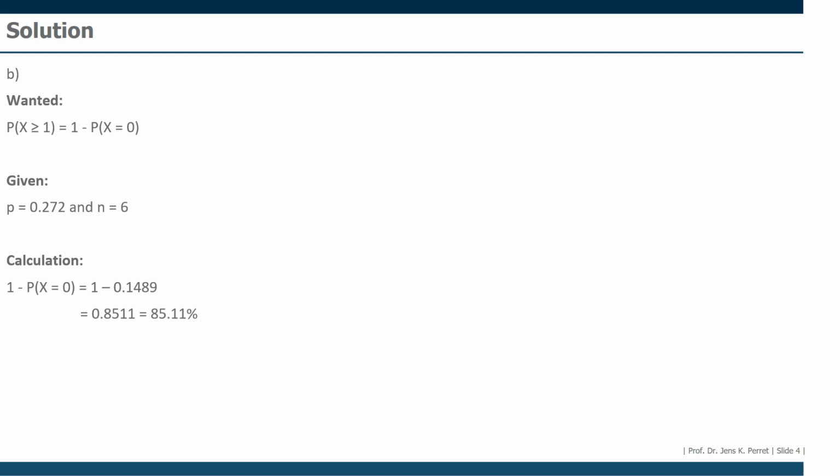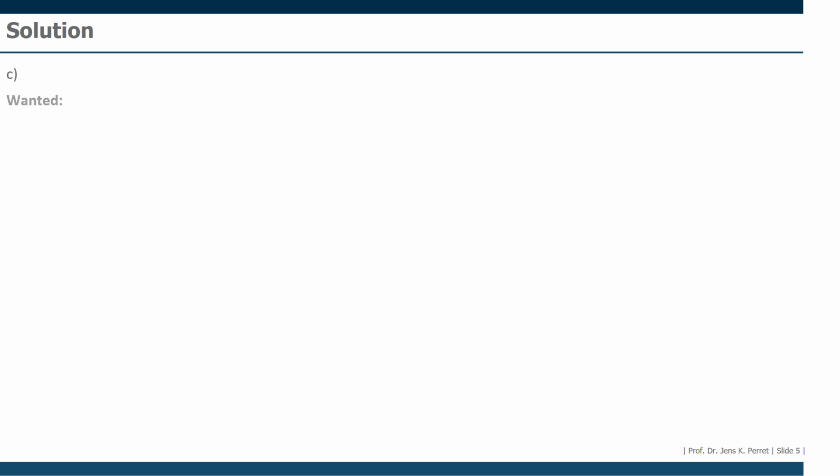So let's move directly onwards to the third and final part. And here in part C, what we are actually asking about is something like an arithmetic mean, an average. We have the probability and, well, our sample size does change. We're talking about a whole month now, not about 6 days.